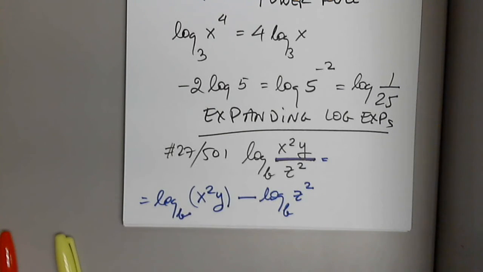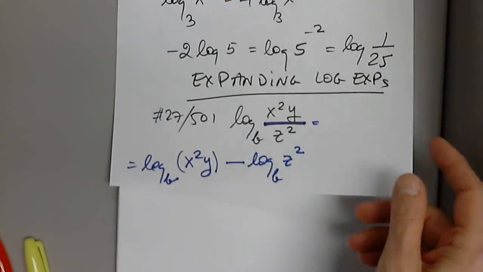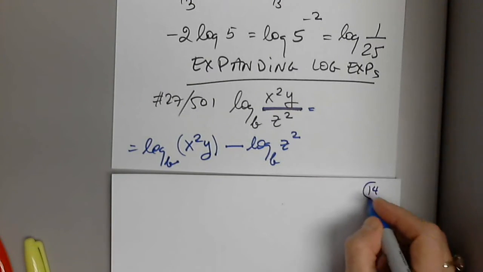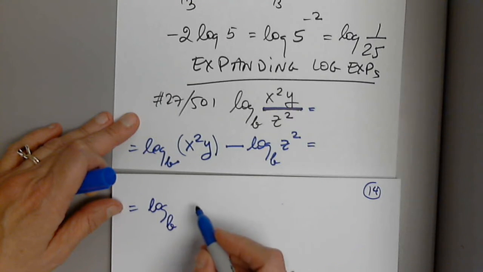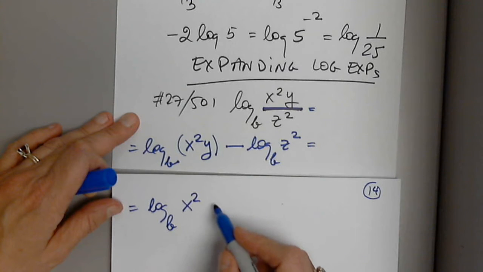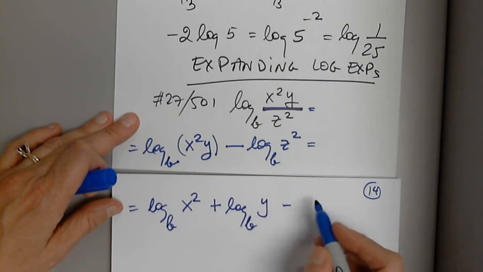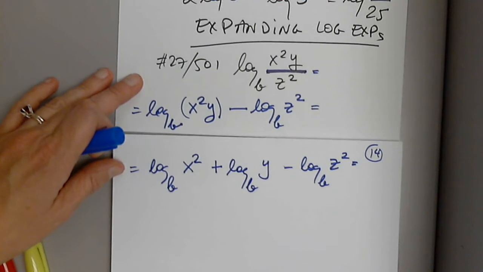It's up to you. So next step is I have to apply the product rule and rewrite the first quantity as log base b of x squared plus log base b of y minus log base b of z squared. Very good.